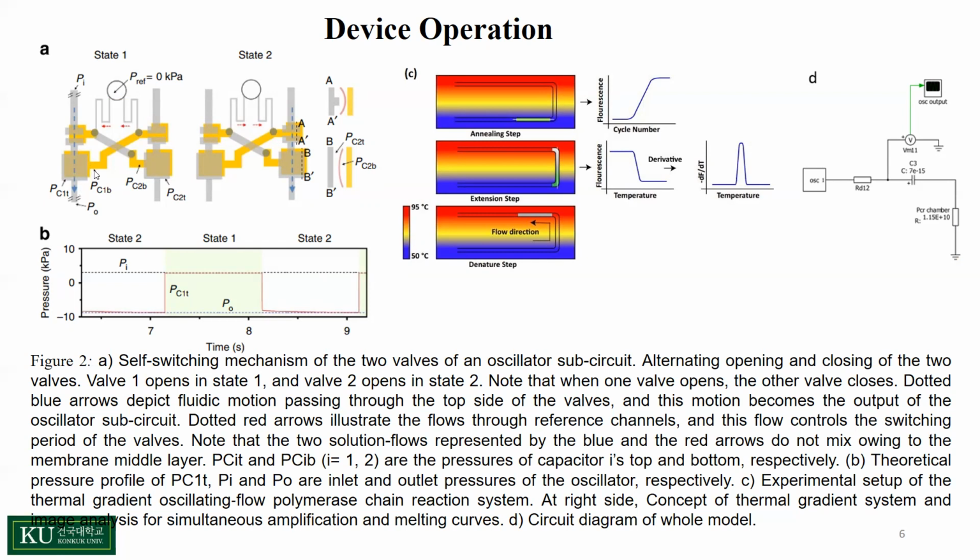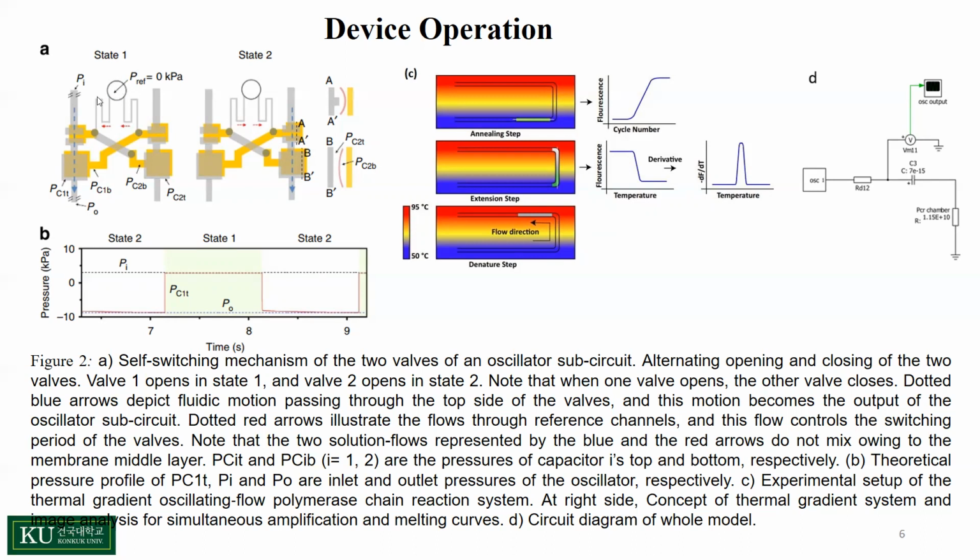So the fluid will flow from left to right toward valve V2, and it tries to increase the gate pressure of valve V2 and close this valve. Again, the rest of the fluid will go to the reference because the reference pressure is 0 kilopascal, which is significantly lower than the input pressure Pi.